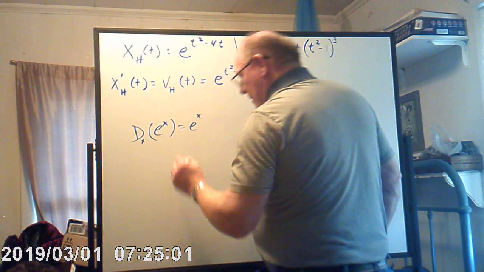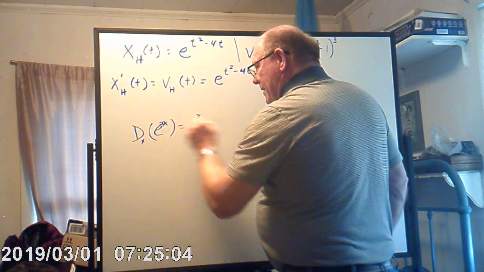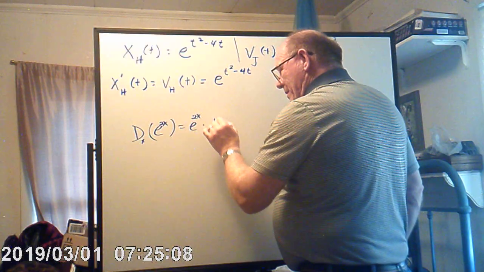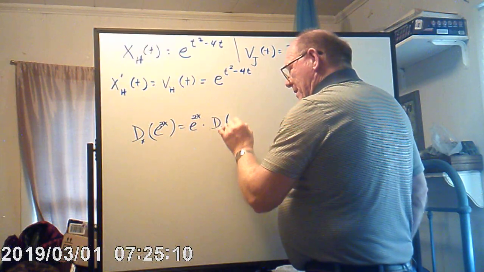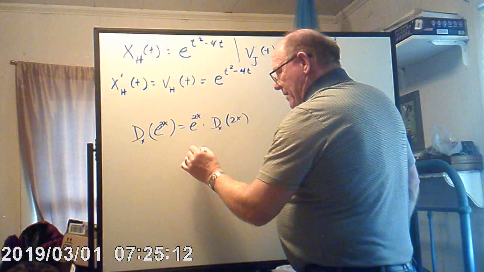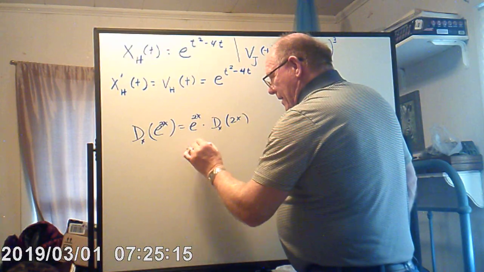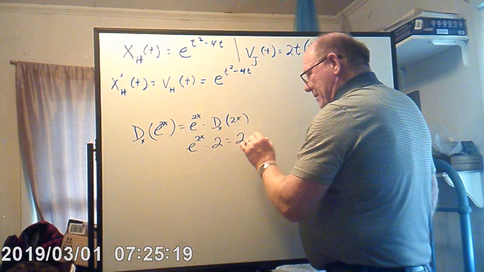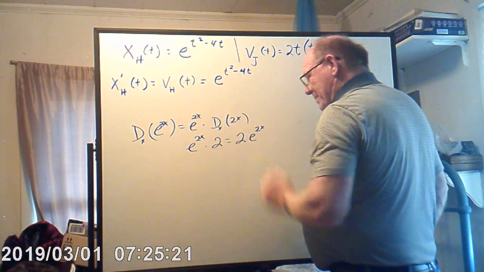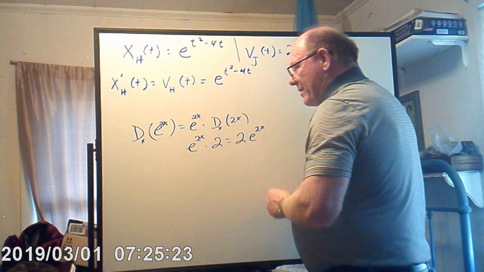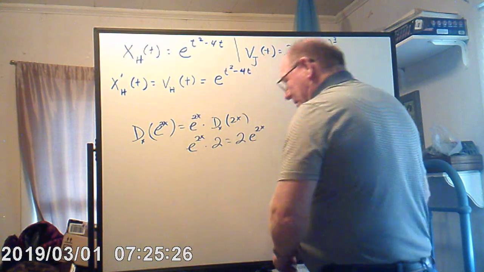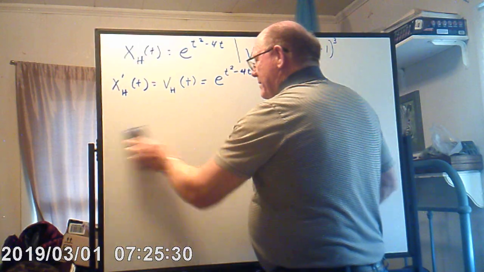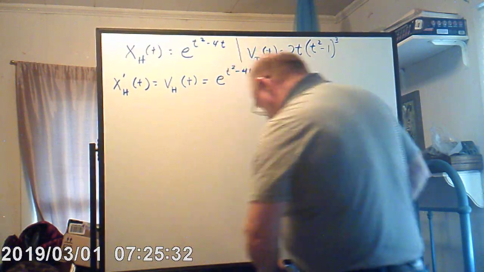So e to the 2x will be e to the 2x times the derivative of 2x, which is just 2. So e to the 2x times 2 is 2 e to the 2x. That's really how you do it. It's really a chain rule with e, especially if it's not e to the x. So we're not done with this derivative.